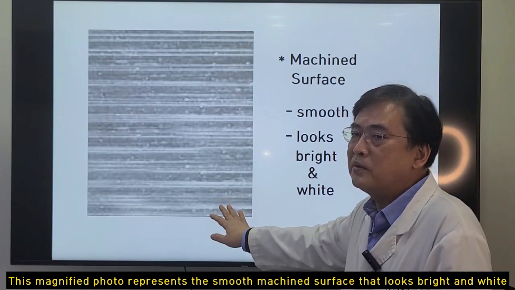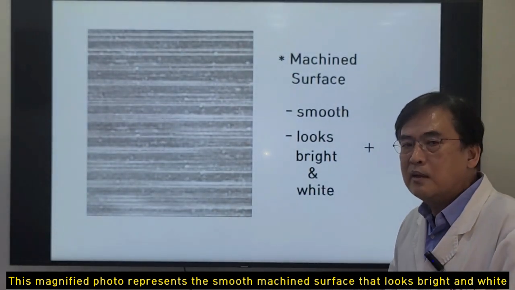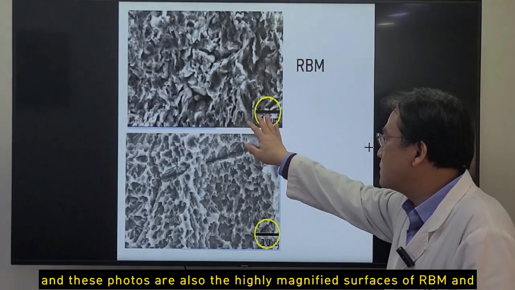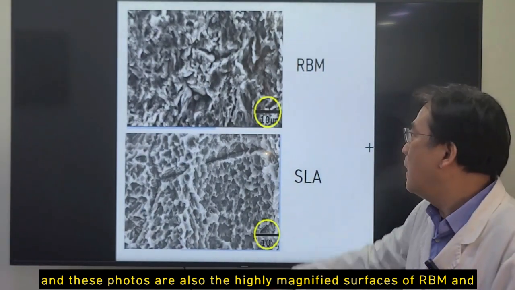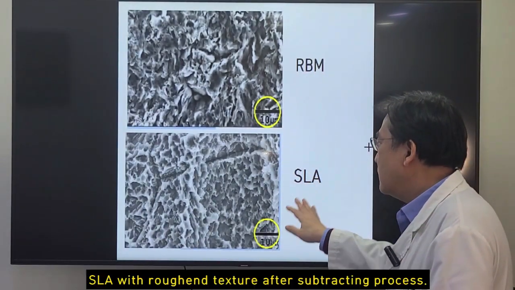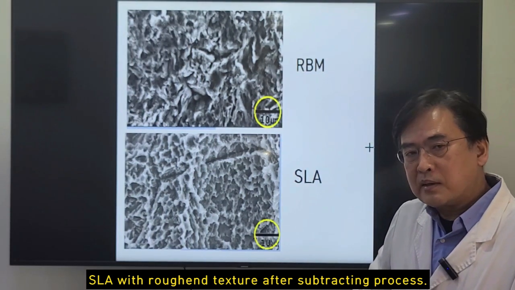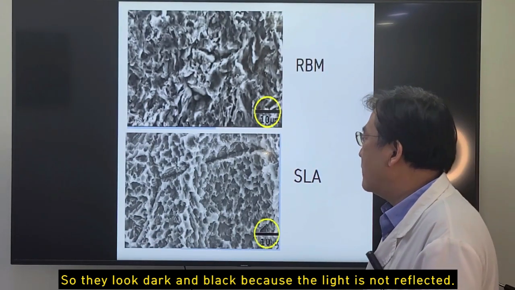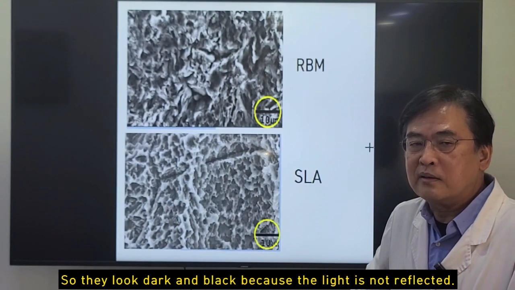This magnified photo represents the smooth machined surface that looks bright and white. And these photos show the highly magnified surface of RBM and SLA with a roughened texture after the subtracting process. So they look dark and black because the light is not reflected.